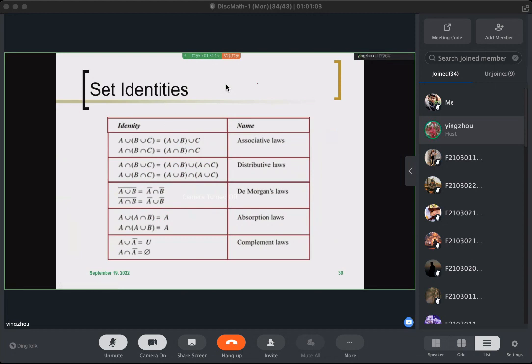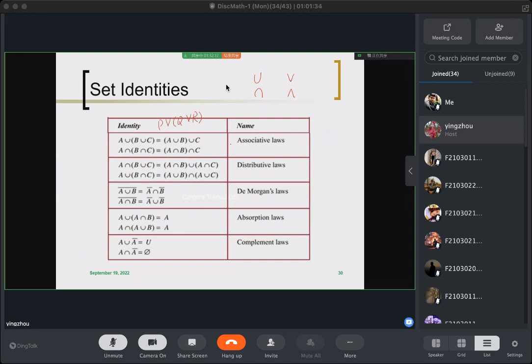Here we know that this symbol refers to logical OR, and the intersection corresponds to logical AND. So here it means P OR (Q AND R).